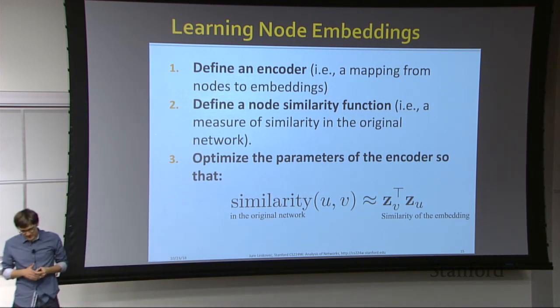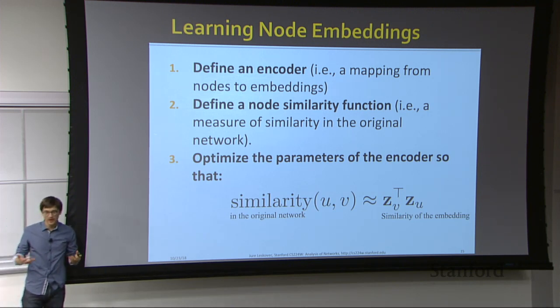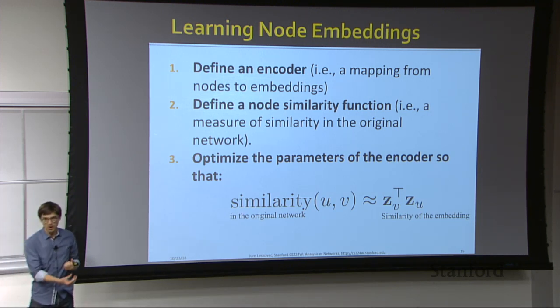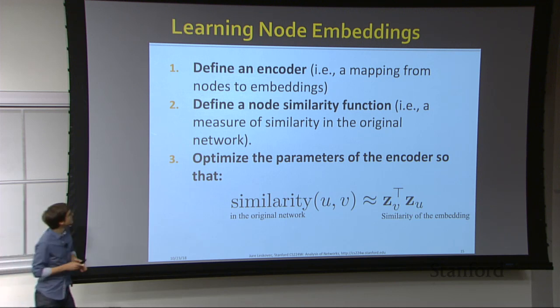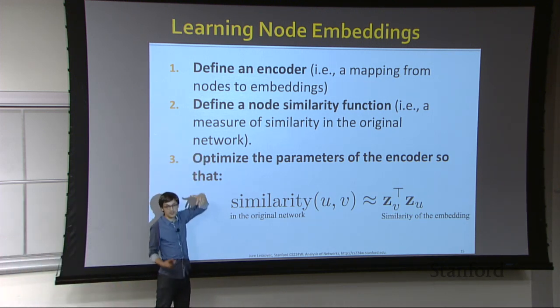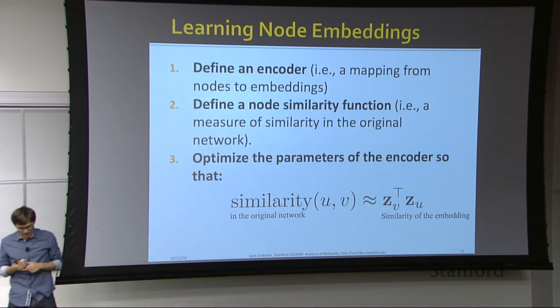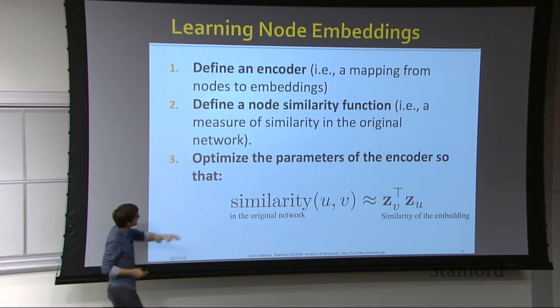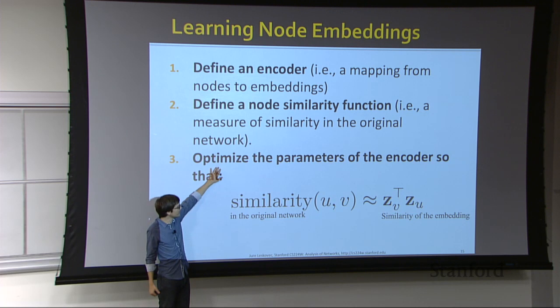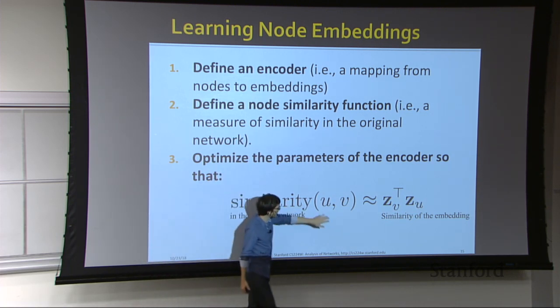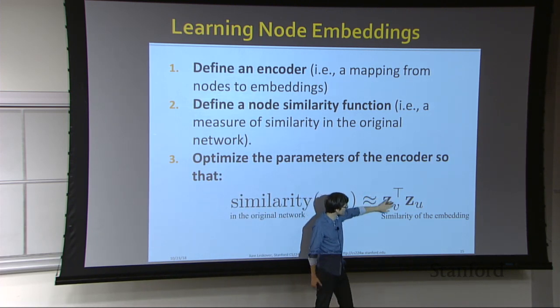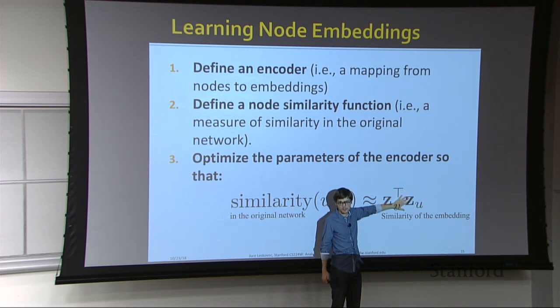Right? So the first, we need to define an encoder, which is basically a mapping from nodes to embeddings. Then we need to define a node similarity function that will say how similar or how related are 2 nodes in the network. And then we need to optimize the parameters of the encoder so that the similarity in the network is as close as possible to the similarity of the embedding.